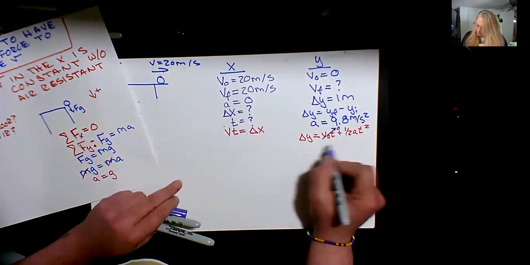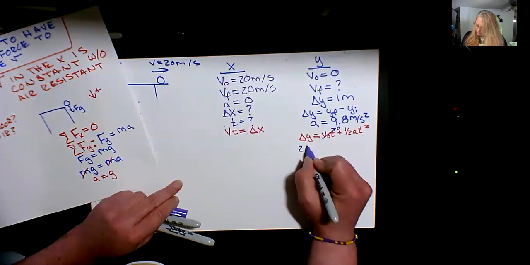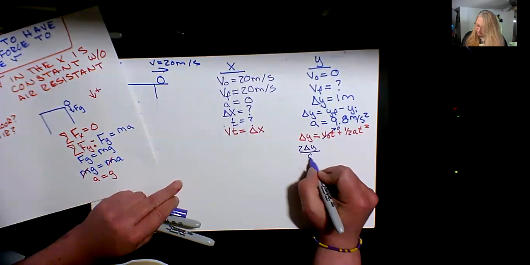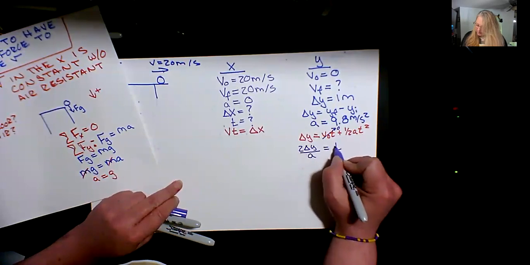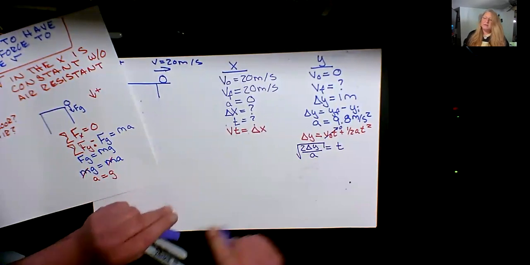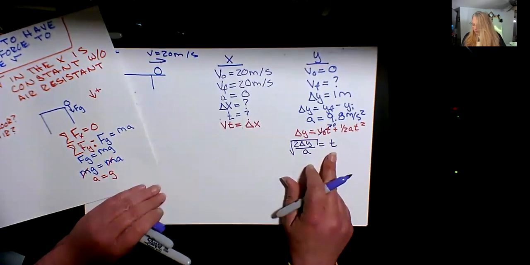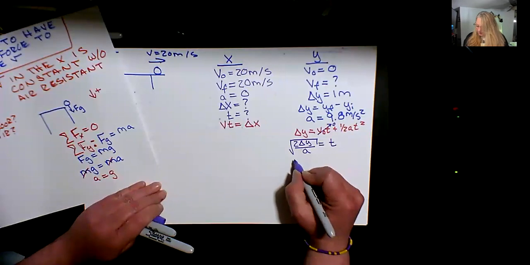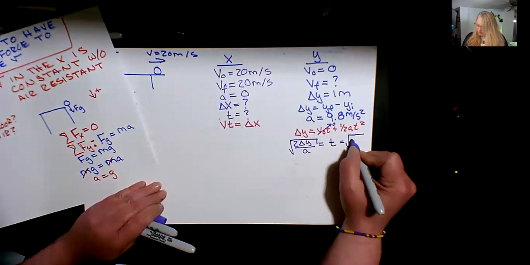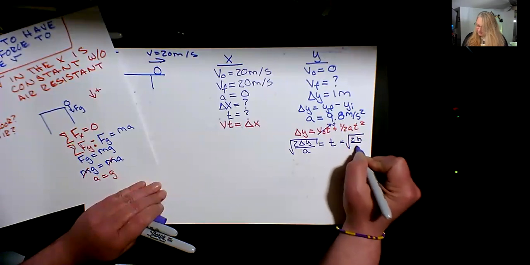So I can go, 2 times my delta y divided by my acceleration gives me time squared. So if I take the square root of this, that gives me time. One of the equations that you see on the internet a lot is that they'll rewrite this as the square root of 2 times h for the height divided by a.